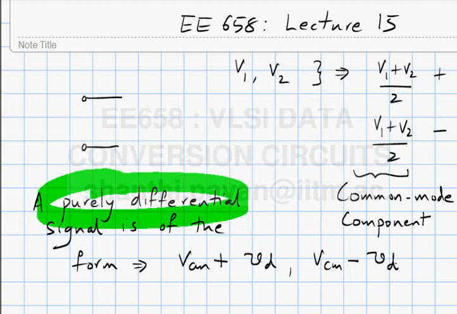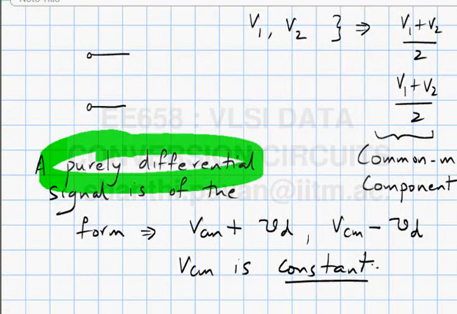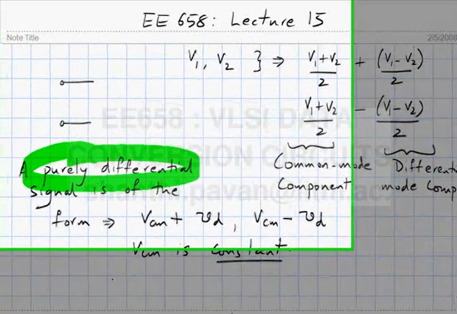Then these two signals are said to be fully differential. So if VCM is a constant, then you can see that the common mode component of these two signals is constant and doesn't vary with time. The differential component is VD and it varies with time.